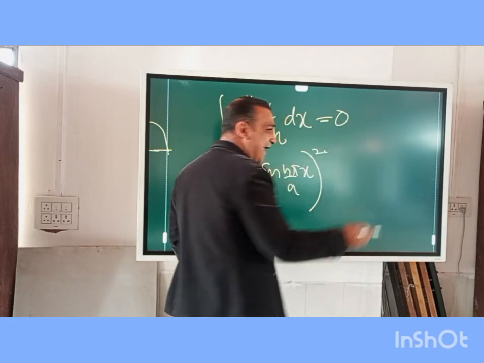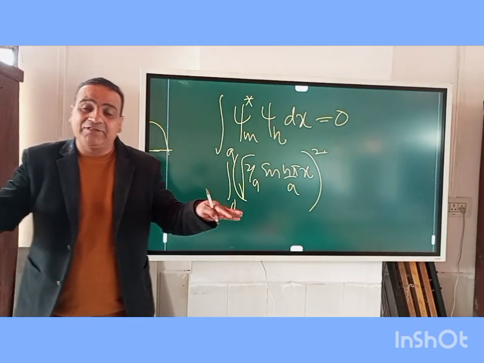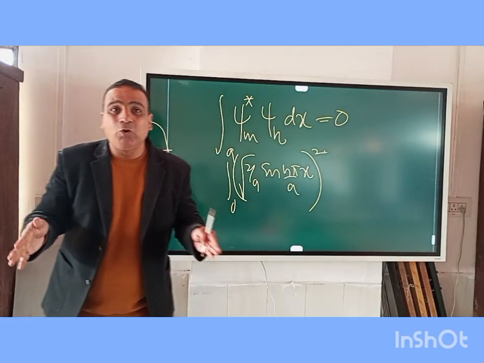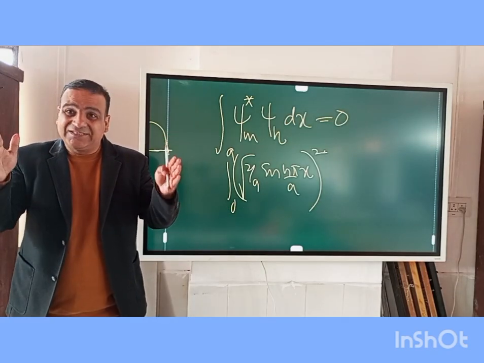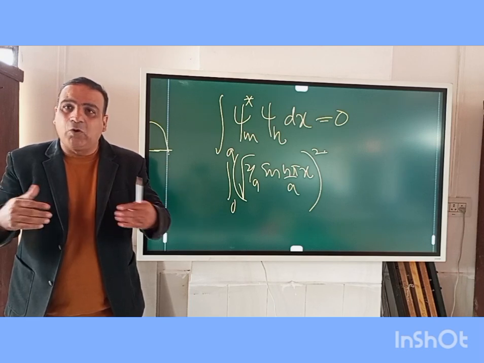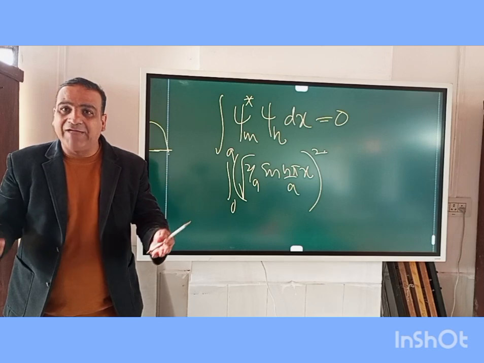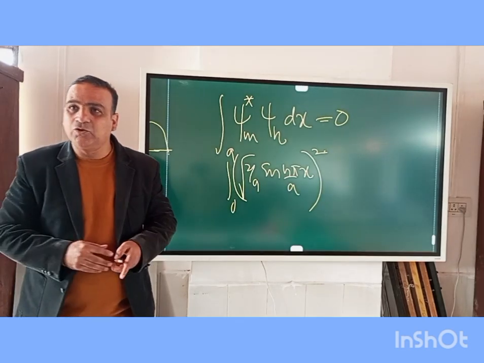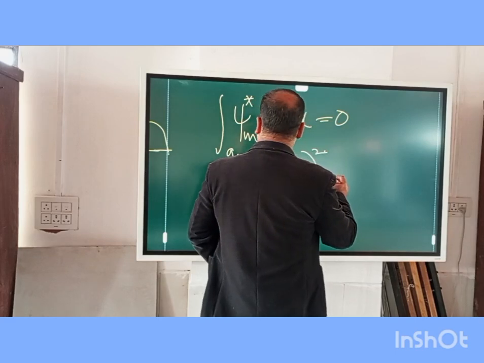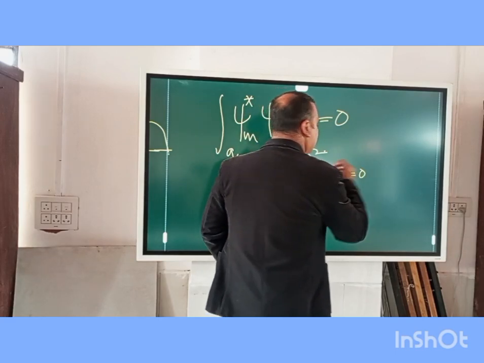I will write the square here, because in actuality the wave function is complex. But here I have chosen exclusively the simplest problem, and in this problem I wrote down the solution of Schrödinger's equation in terms of real values, sine and cosine. So this will be whole square, dx equal to 0.